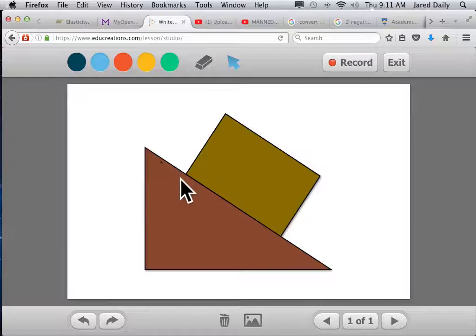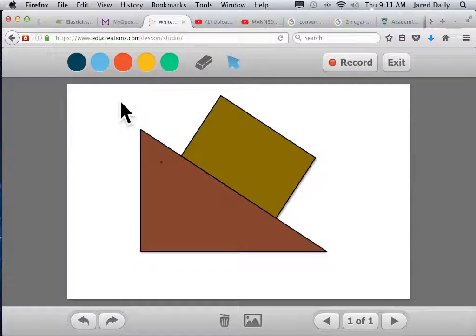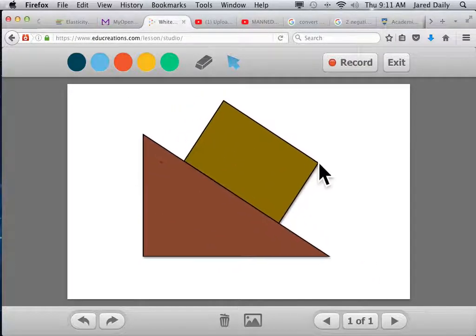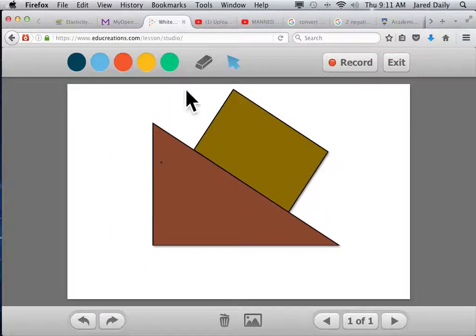Here's our picture. I'd like to make that picture smaller. Can I make it smaller? Apparently not. All right, well that's okay. We'll just go with it.